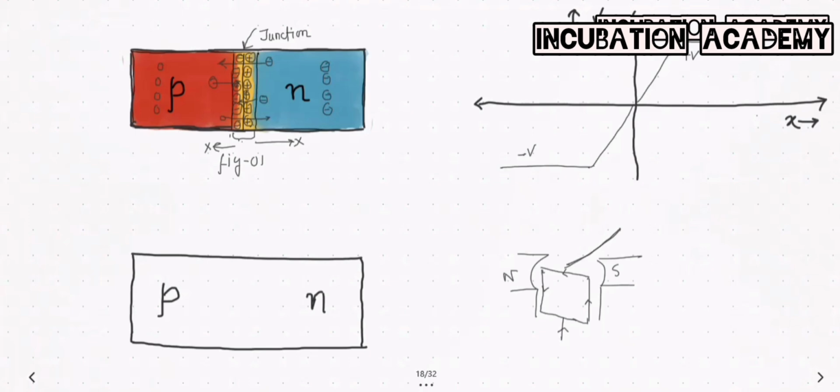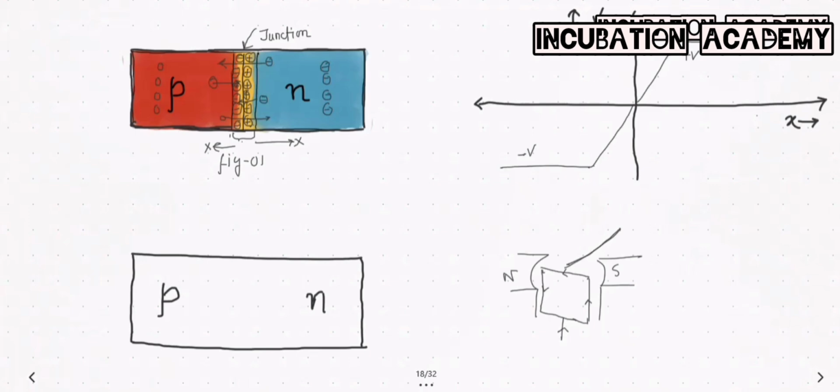So you cannot measure the potential difference developed on both sides of the junction or in the depletion region with the help of a voltmeter, galvanometer, or any other instrument.